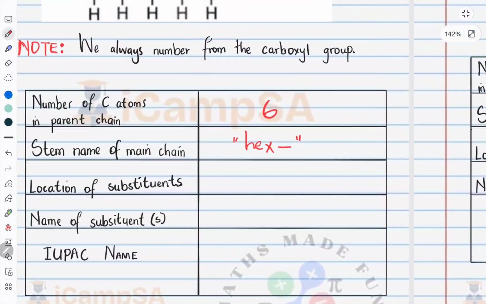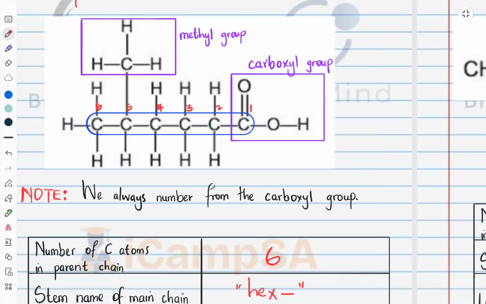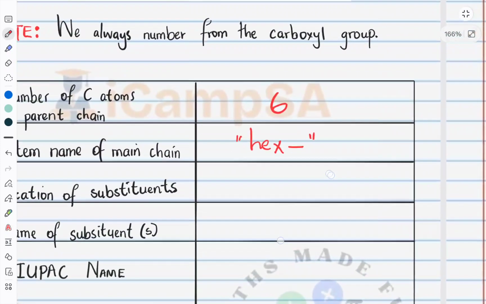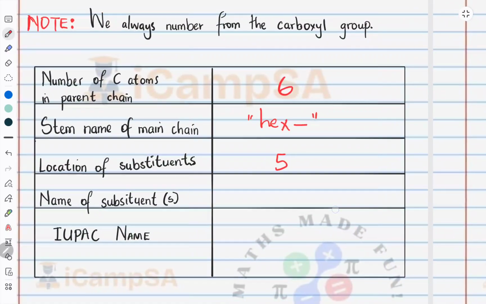Now, what is the location of our substituents? The only substituents that we have are the carboxyl group and the methyl group. We won't mention the location of the carboxyl group, it's always in the first carbon atom anyway. So we'll mention the methyl group, which is on carbon atom number 5. The names of these substituents are the carboxyl and the methyl group.